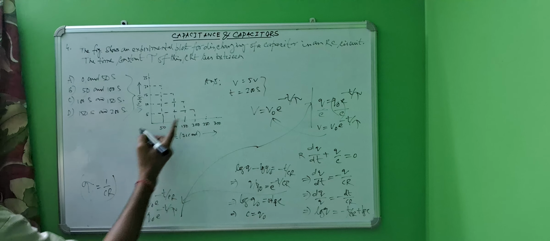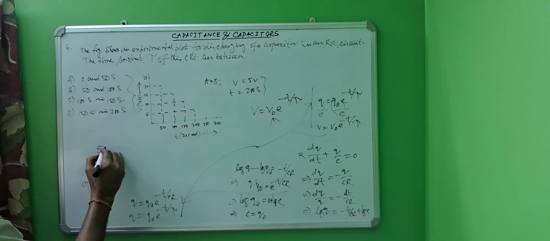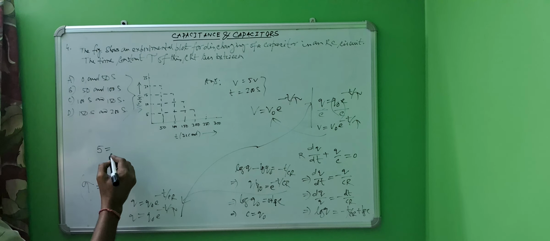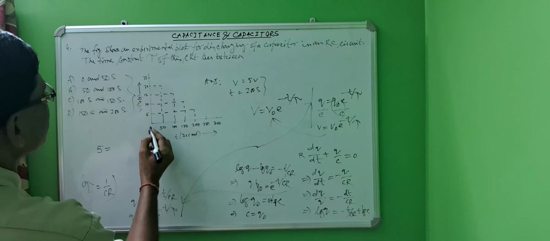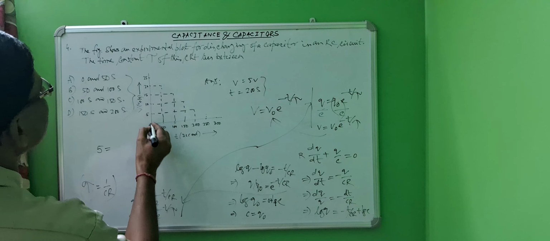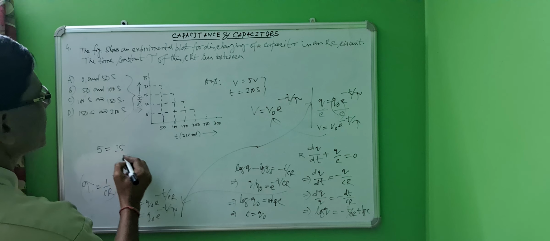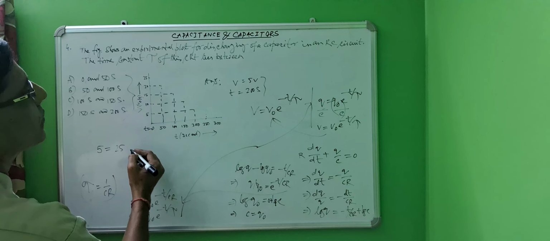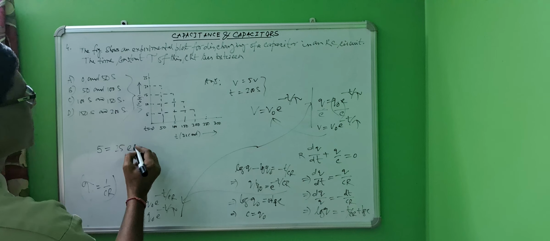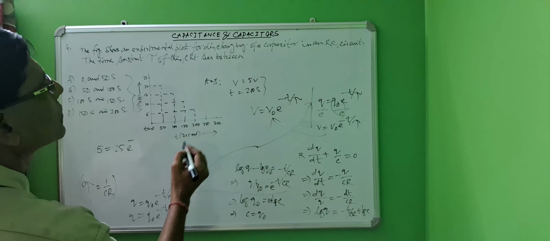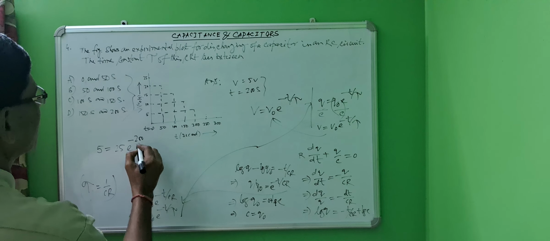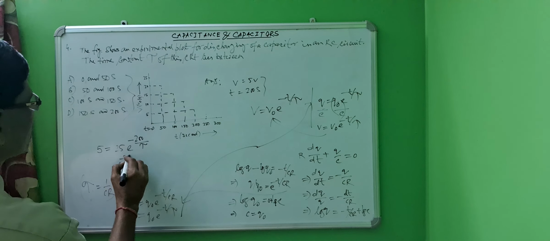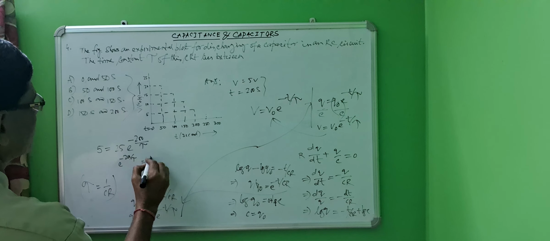So we can write, applying this condition, when t equals 0, we get V0 as 25. So e to the power minus 200 upon tau equals 1 by 5.